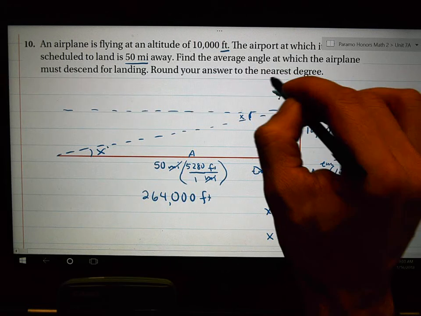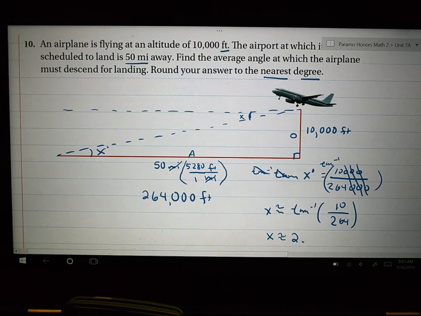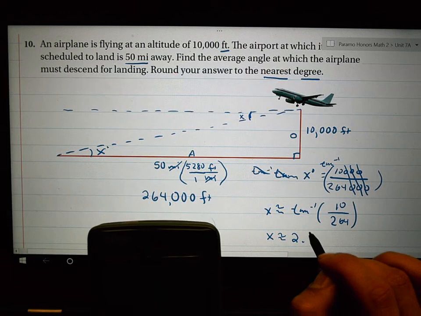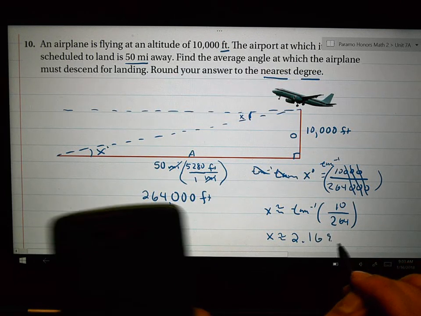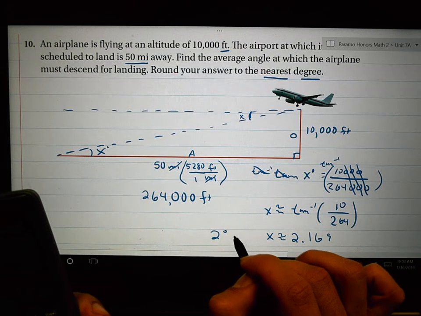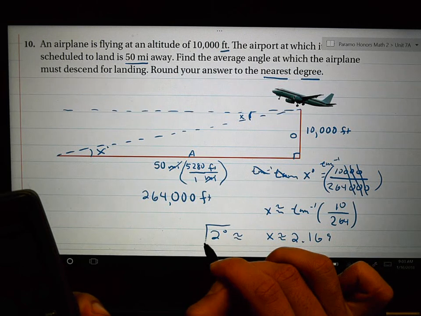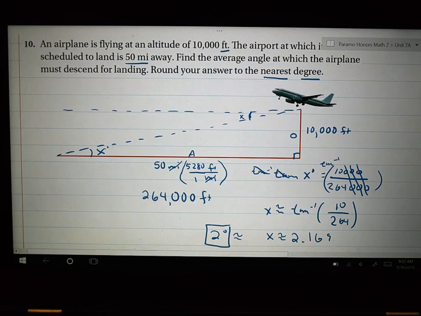To the nearest degree. 2.169 is about a 2-degree angle of descent. Any questions?